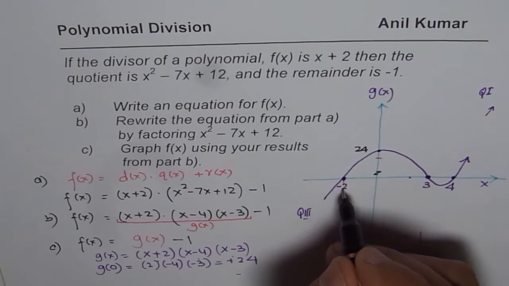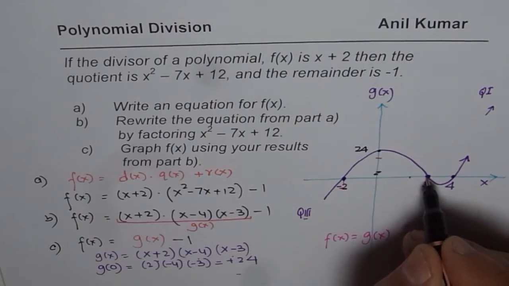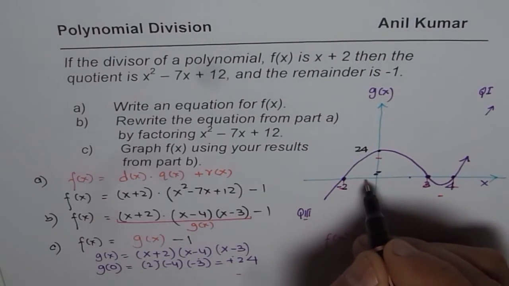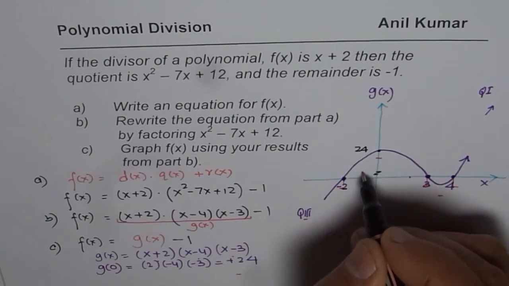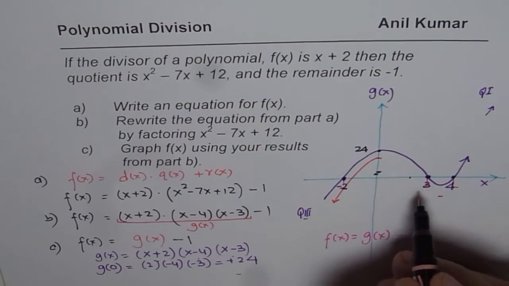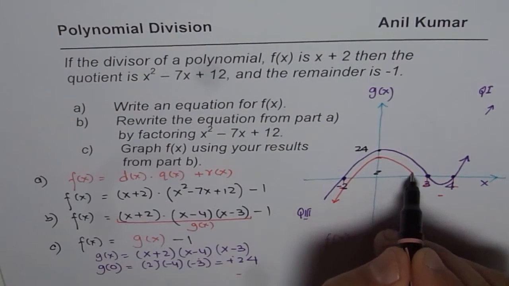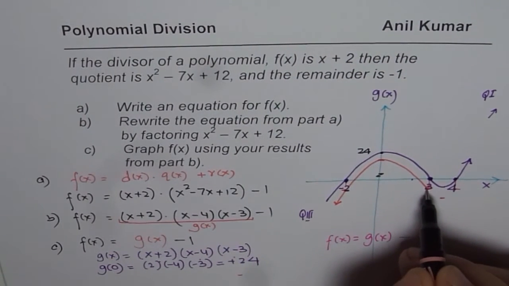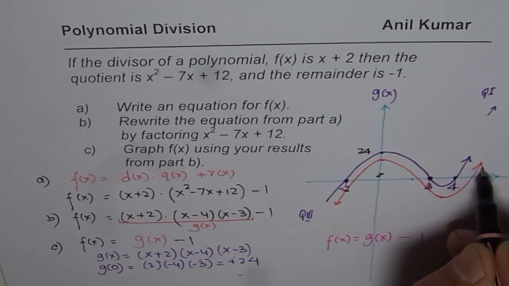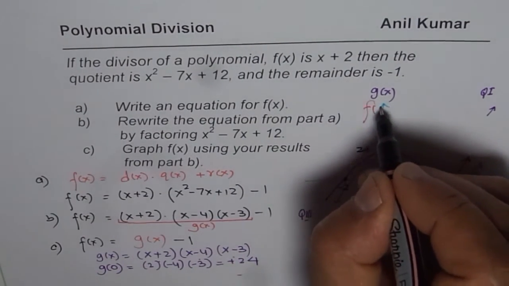Then we can bring every point 1 unit down. So we can just shift the graph 1 unit down. Is it okay? So when you bring it 1 unit down, the graph will be kind of like this. And then from here also draw a graph as if it has been translated 1 unit down. Do you see that? So that graph becomes f of x.